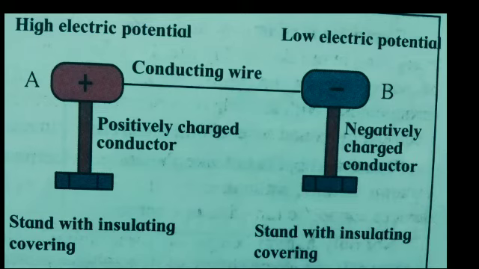A potential difference is created between the two ends and the electrons will flow from B to A, that is from negative to positive terminal, through the conducting wire. This flow will continue until the two conductors A and B have the same potential, that is until their potential difference becomes 0. Only then will the flow of electrons stop.